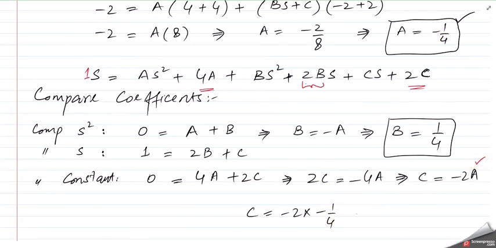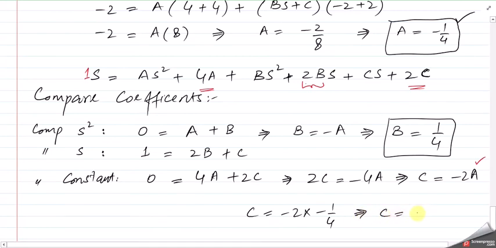So this implies c equals 1 by 2. Okay? Now we didn't need this one, so it's okay. We did not use this equation, but that's fine. We know a, b, and c.